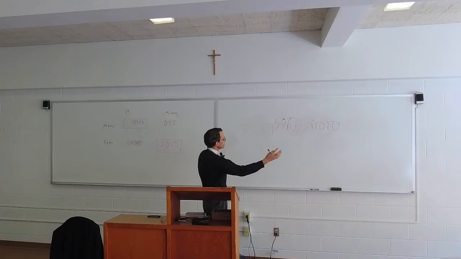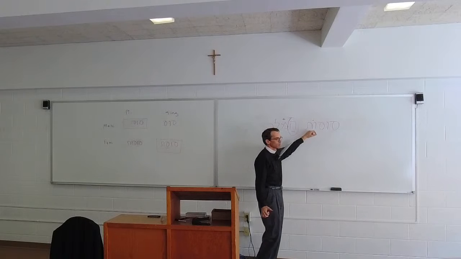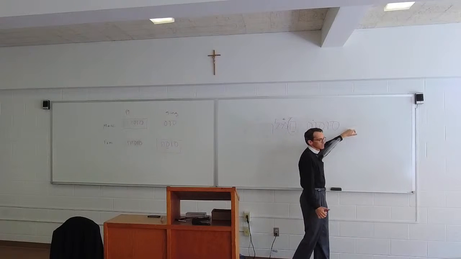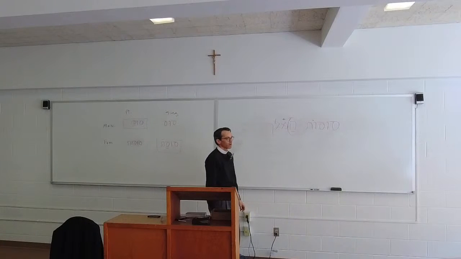So you join these nouns together, and any words that precede the last one can't be definite. They can't have a definite article. Only the last one can, or it could also be indefinite. So if I said Susot Melech, that would be mares of a king.